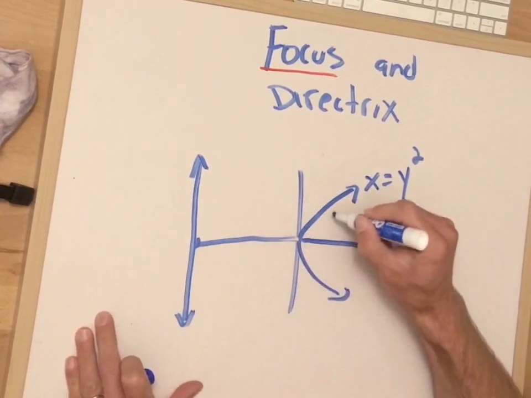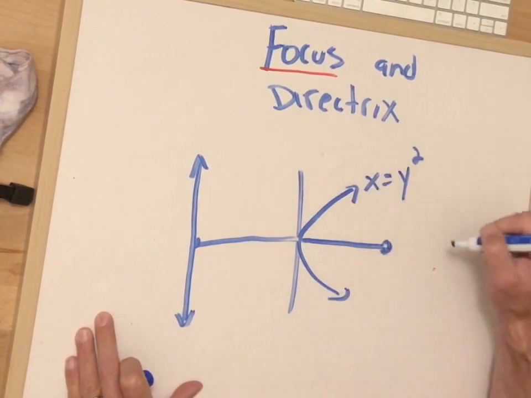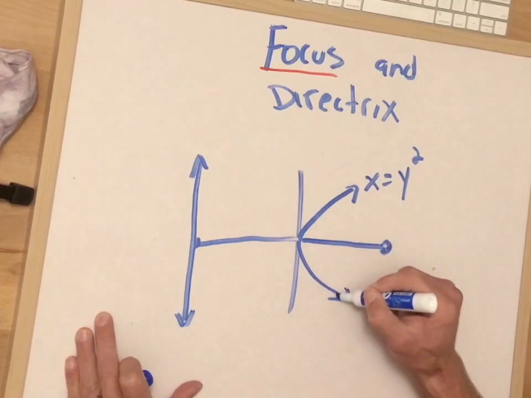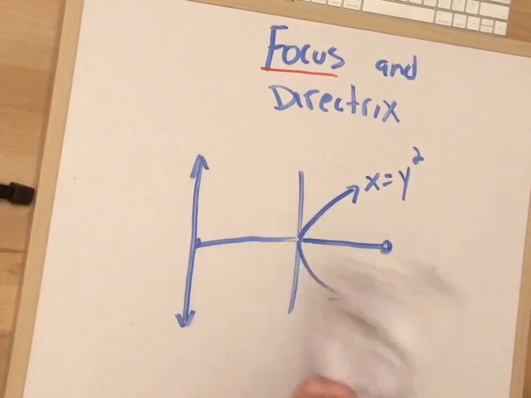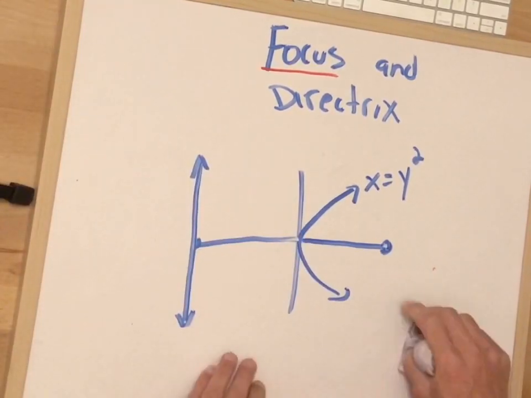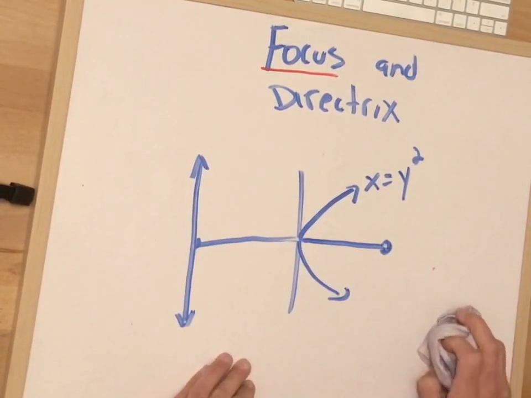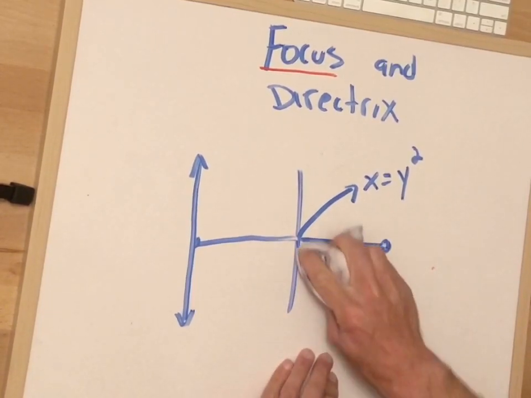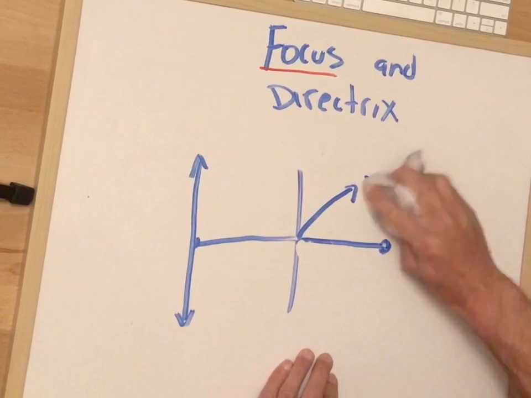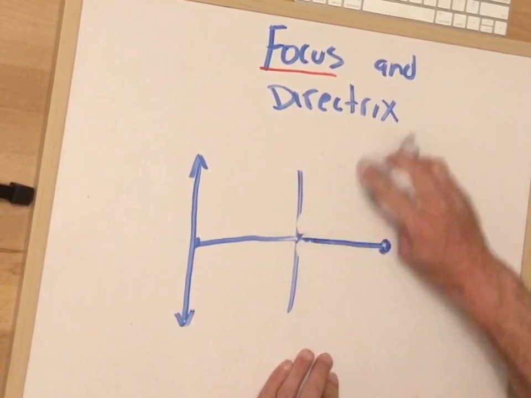So any point that's on this line is going to be equidistant to the directrix. If you look this up online, you're going to see quadratics where the shape is like a, this is definitely not drawn to scale, but you get the point.